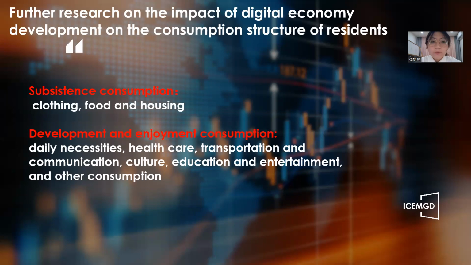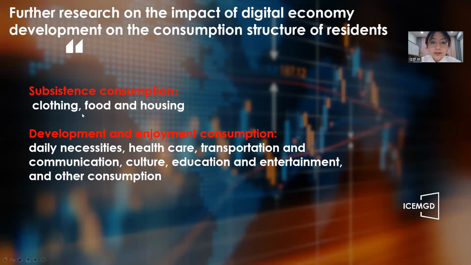Later, we did some further research on the impact of digital economy development on the consumption structure of residents. Many scholars divide consumption into 2 parts: subsistence consumption, which includes clothing, food, and housing, and the other one is development and enjoyment consumption, which has daily necessities, healthcare, transportation and communication, cultural education, and entertainment, and other consumption.